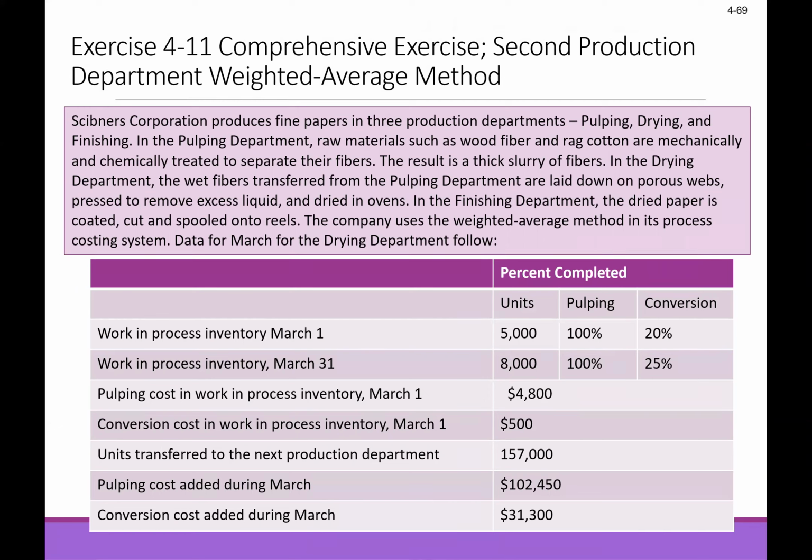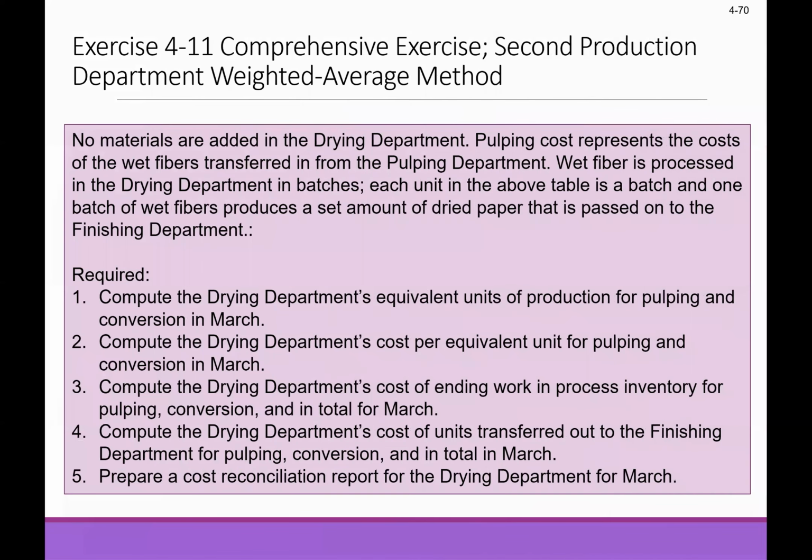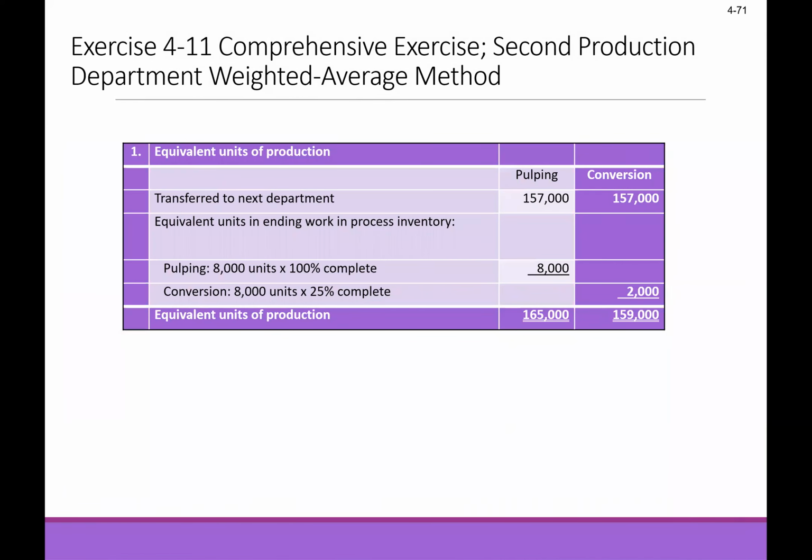It also showed us at the beginning of the period, at the end of the period, what's sitting with pulping, what's sitting in relation to conversion with percentages complete. That's the equivalent units of production.